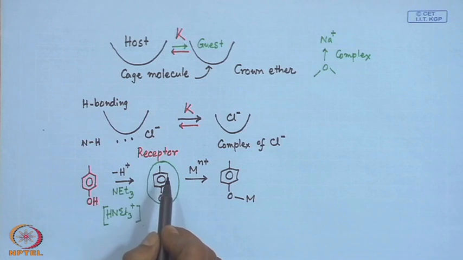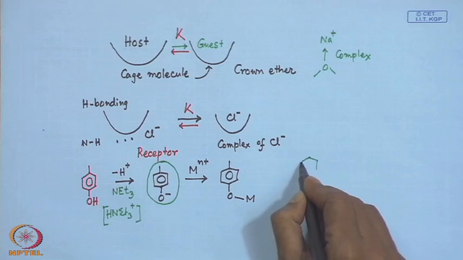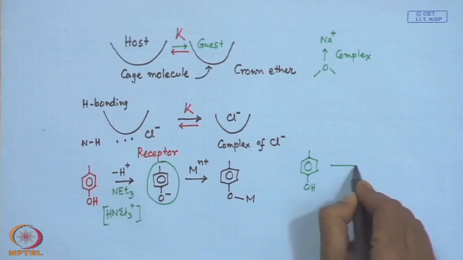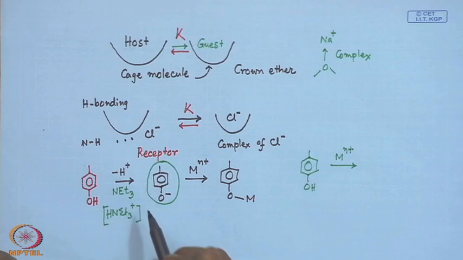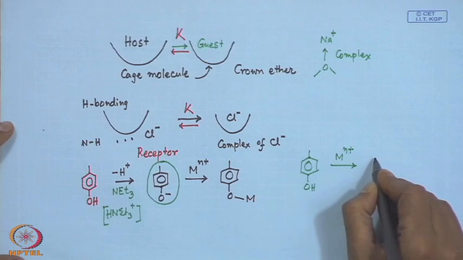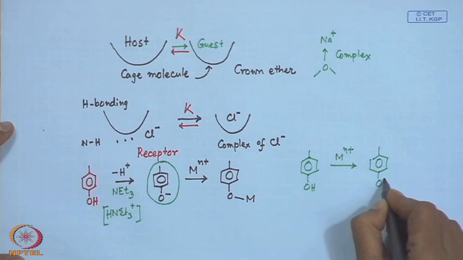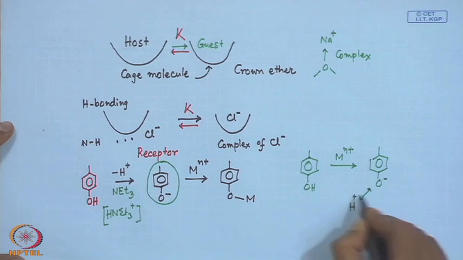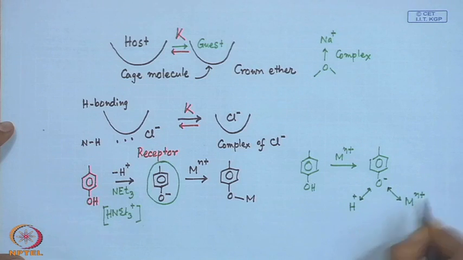But otherwise, when we simply add the ligand to the metal ion, that means if we just use the phenol unit with M n+ without the first step, the removal of H+, then we will find that this O minus can have some binding tendency to H+ or to M n+.